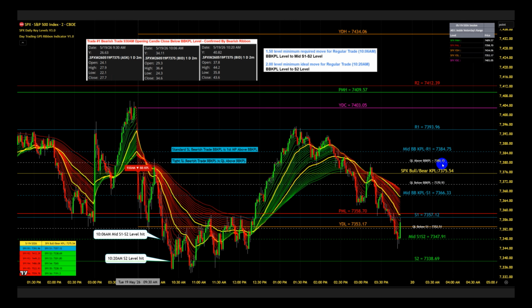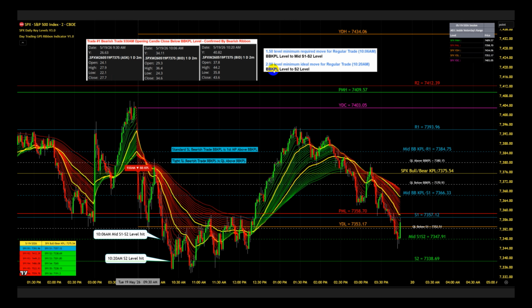So the range can be from R6 down to S6 in those higher to extreme volatility days, whereas in the lower choppy environments that comprise those 15 to 20% of sessions, it will be anywhere from the midpoints or from R1 down to S1. But in 80 to 85% of the sessions, R2 down to S2 will comprise 80 to 85% of the sessions in a normal year in a normal volatility environment.